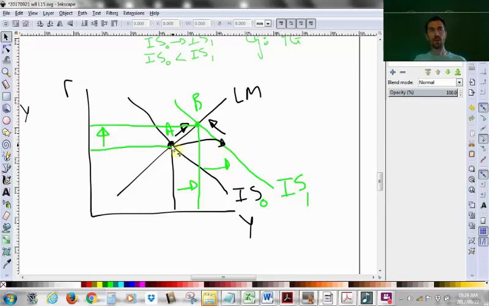Okay? We have a problem. We're not in equilibrium. We move from point A to point B. How do we move from point A to point B? Firms start producing more. As firms start producing more, interest rates start increasing. The increase in interest rates moves us back to the left along our IS curve, and upwards to the right along our LM curve. We get to our new equilibrium point B.